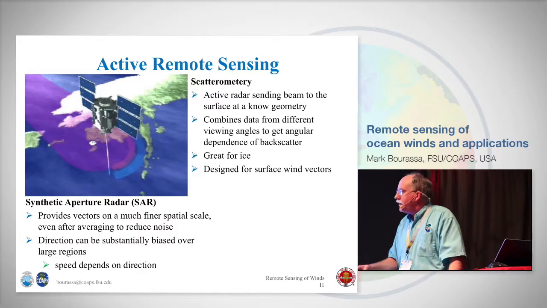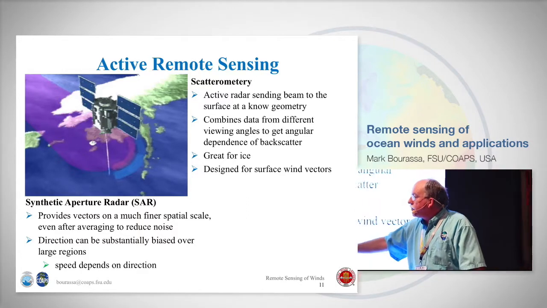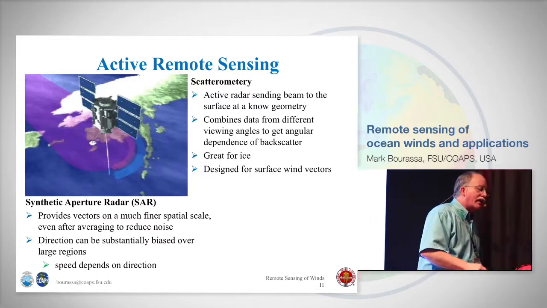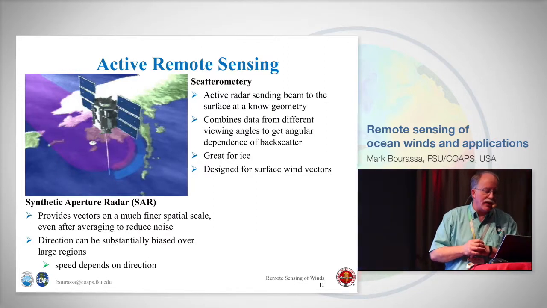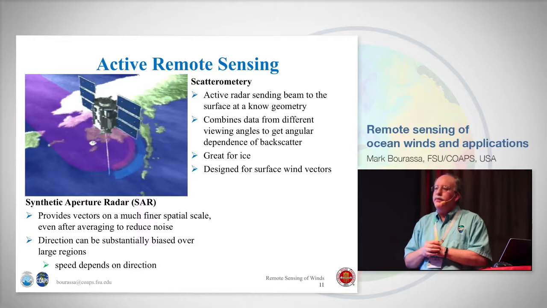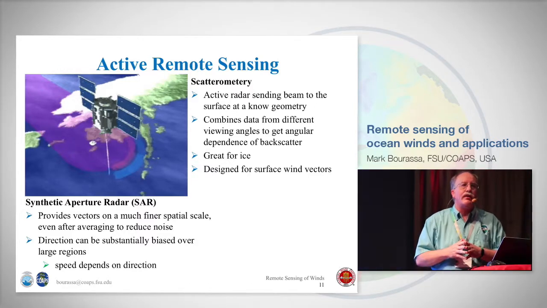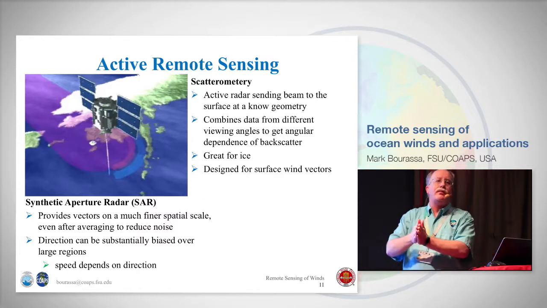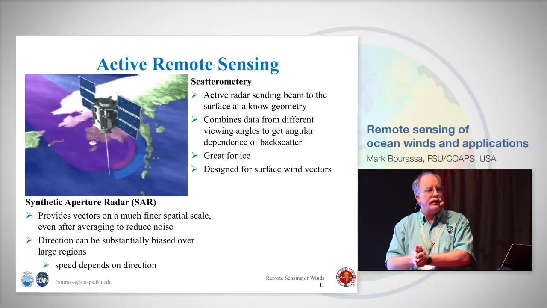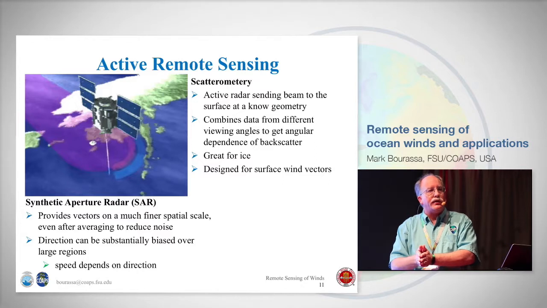Synthetic aperture radar, or SAR, can get you really close to the coast. It can measure things down to 10 or hundreds of meters usefully in some cases, sometimes bigger. But the directions aren't really accurate. They can easily be shifted by 7 degrees or 20 degrees. But for feature detection, it's great.